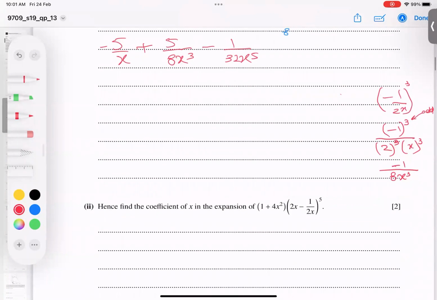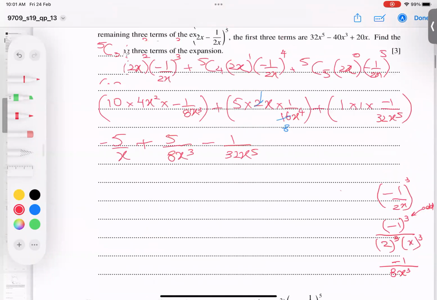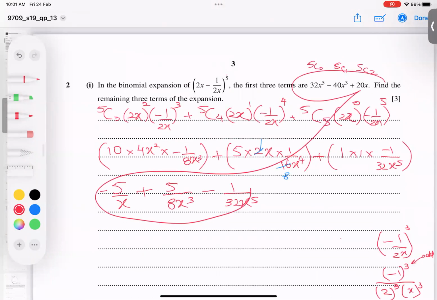The second part is saying find the coefficient in the product of this. Best suggestion from my end: write all 6 terms. Don't write 3; I have seen sometimes students write 3 terms only.